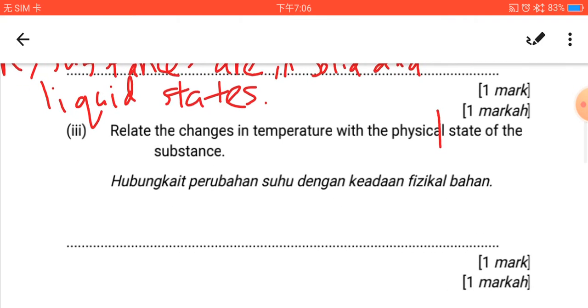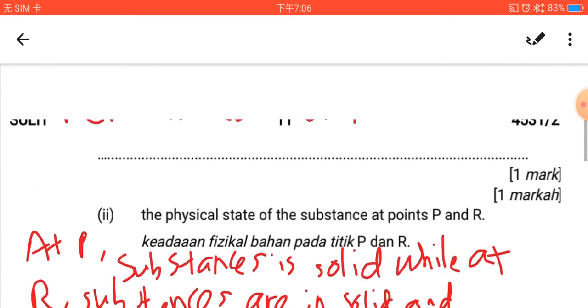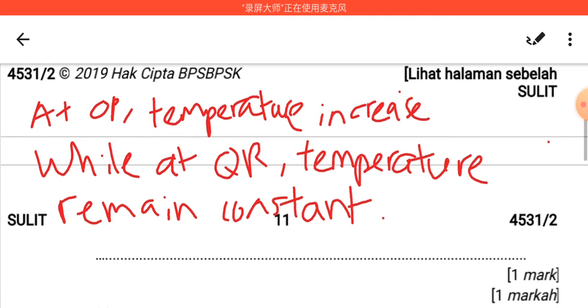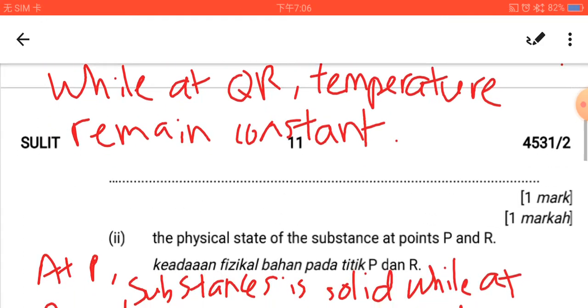So relate the change in temperature with the physical state of the substance. You cannot just say, the first point I need to say is there are two conditions, either increase or constant. You can choose one of them to write the answer.